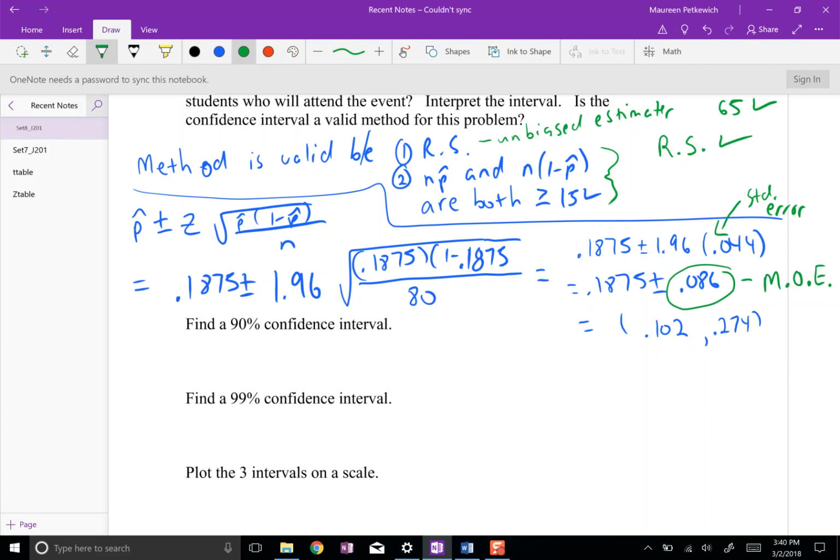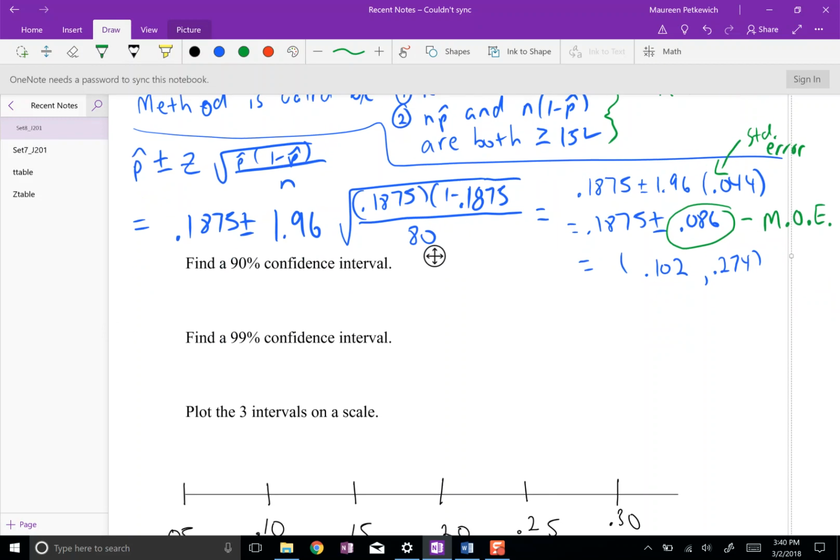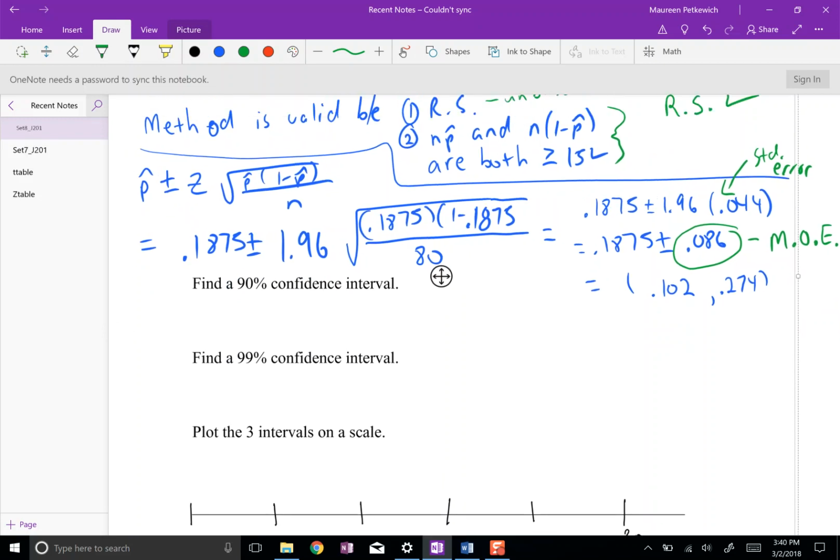Okay, and so now all I'm going to do is find a 90% confidence interval. The only thing that's going to change is my z-score. Instead of using 1.96, for the 90% confidence interval I'm going to look back at that table, and I just need 1.645.